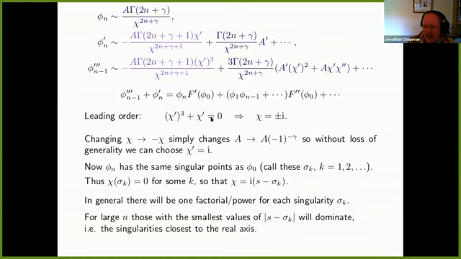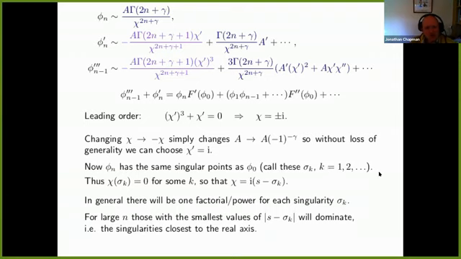And in this particular case, it's a very simple equation that just gives me constant solutions. So chi is plus or minus i. Changing the sign of chi, because I'm squaring it here, all that does is change the amplitude by a constant factor. So without loss of generality, I can just choose the positive sign here.